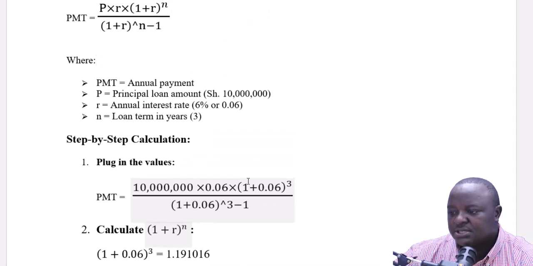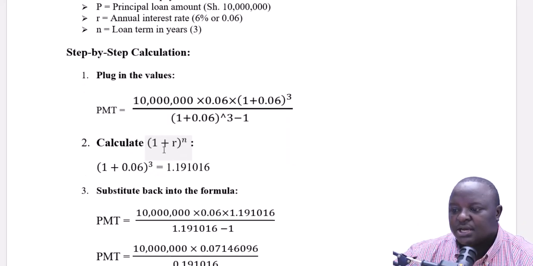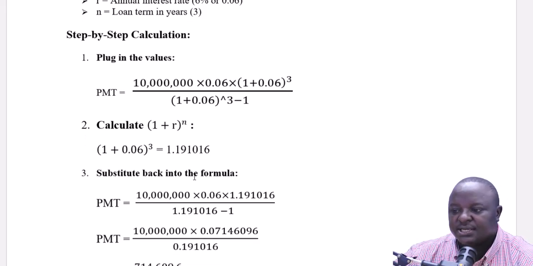Then in brackets, 1 plus 0.06, raised to the period of 3 years, divided by 1 plus the rate raised to power 3 minus 1. The calculation of 1 plus 0.06 raised to power 3, you are going to get 1.19 when using your calculator.